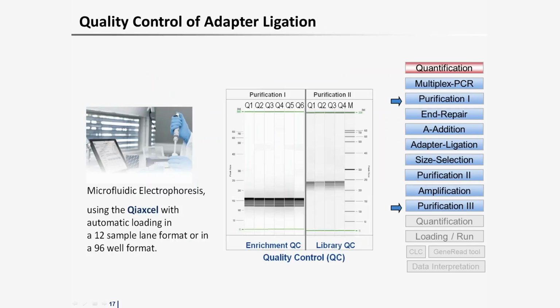So in particular, when we establish a new panel, we always do quality control steps. And here the quality control is shown after adapter ligation, and you see here the samples after the first purification steps, after the enrichment, and then after the adapter ligation, and you see here very nicely the shift of the size when the adapters are ligated.